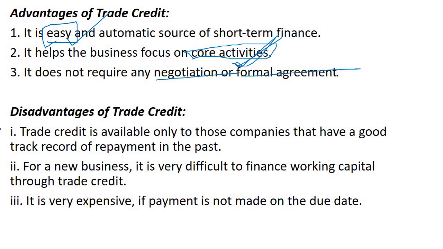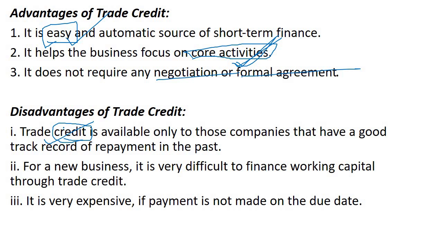Disadvantages of trade credit. Trade credit is available only to those companies that have a good track record of repayment in the past. Obviously no supplier would give credit to organizations that have a past record of not making payments. Nobody would want to block their money in a company where the payment record is bad.